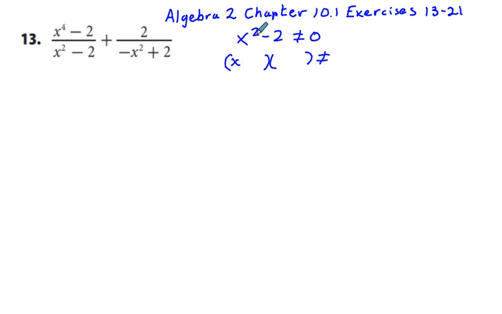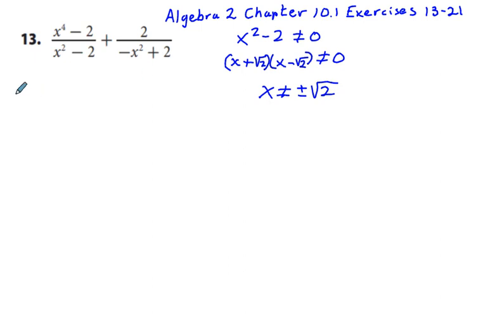The square root of x squared is x, plus or minus, and the square root of 2 is the square root of 2. And so that cannot be equal to 0. So x, solving for both of these binomial factors, cannot be equal to plus or minus the square root of 2.